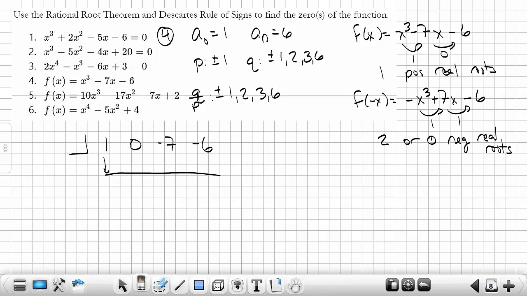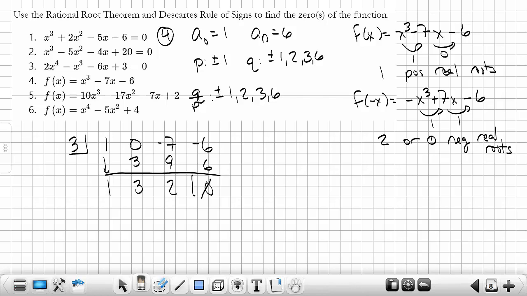Looks like it's going to be 2. Let's see. No, it's not. It's going to be 3. All right, so there's our positive: x equals 3.